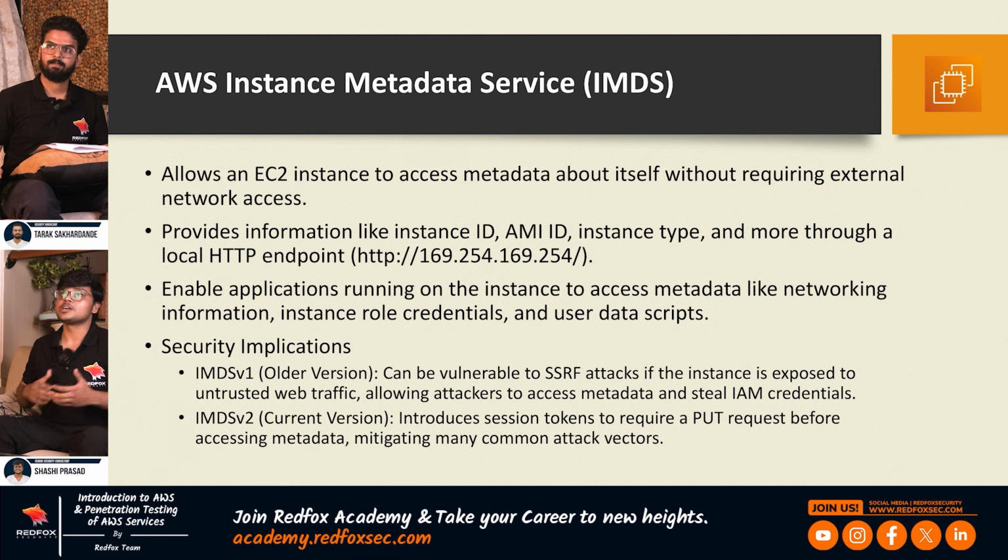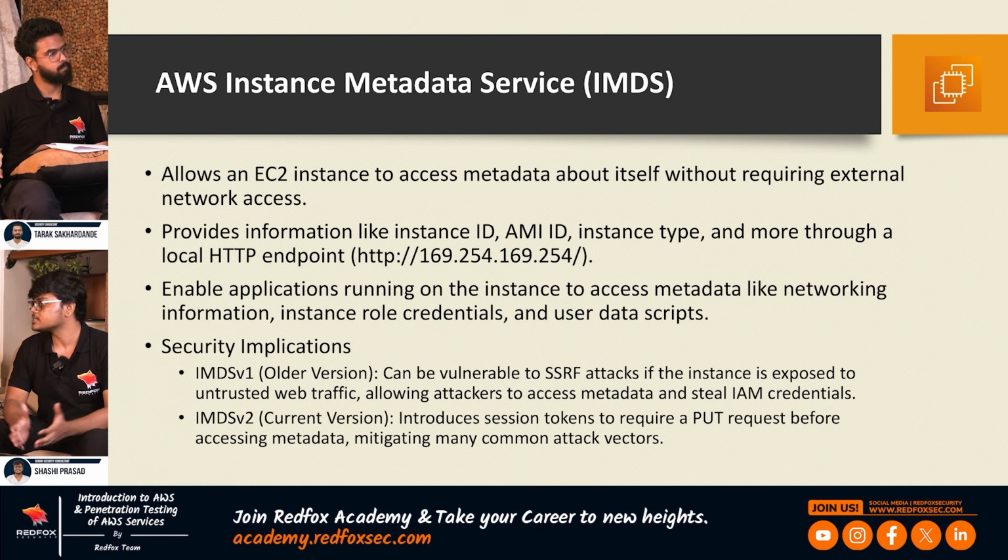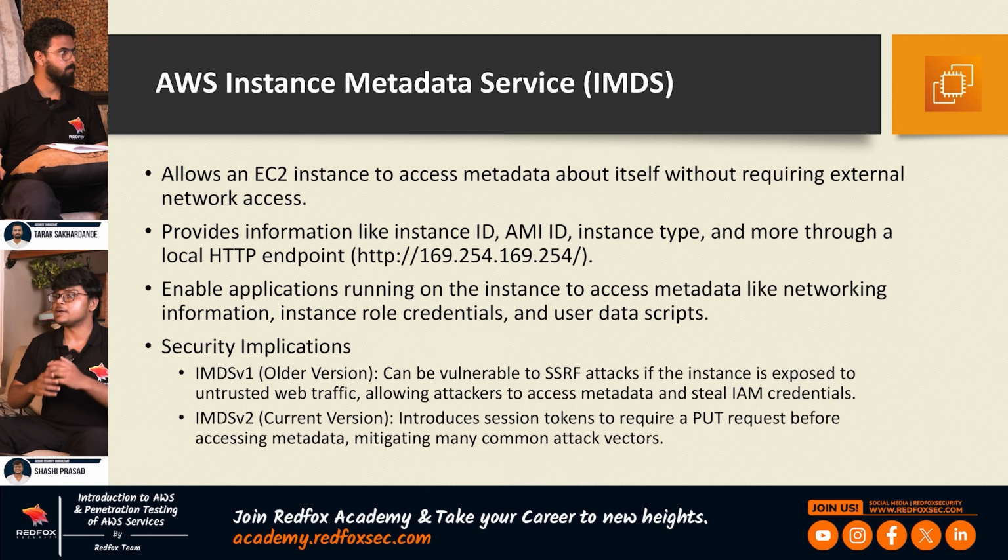So, again, we started off with what is AWS and what are the services offered by AWS. Then we looked at why AWS pentesting is now prevalent because of the misconfigurations that are happening in client infrastructure hosted on AWS. Then we saw the most important service, the Identity and Access Management service, which the learner should know to master AWS pentesting, because this is where all the permissions, roles, and authorizations are happening in AWS.